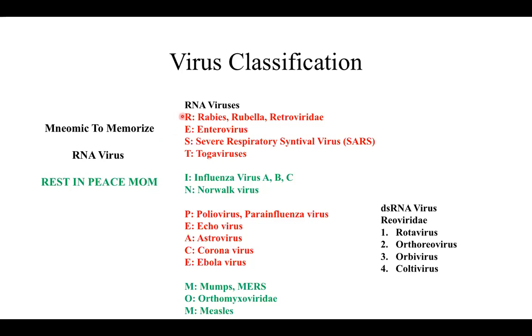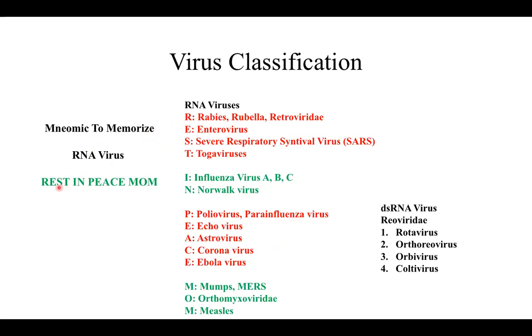Generally, if you see the RNA viruses, the first letter of rest, that is R, indicates three viruses: rabies virus, rubella virus, and retrovirus, that is HIV.